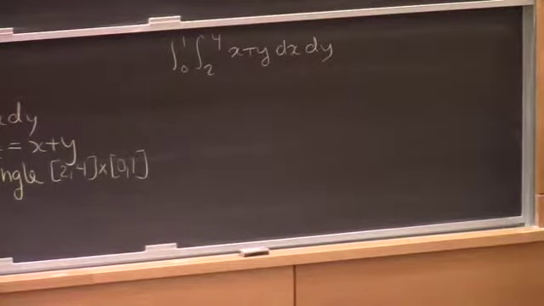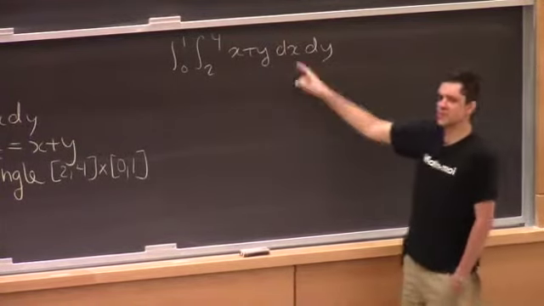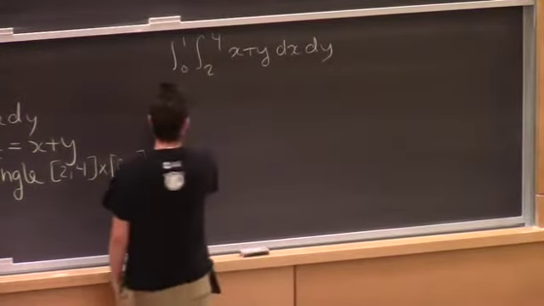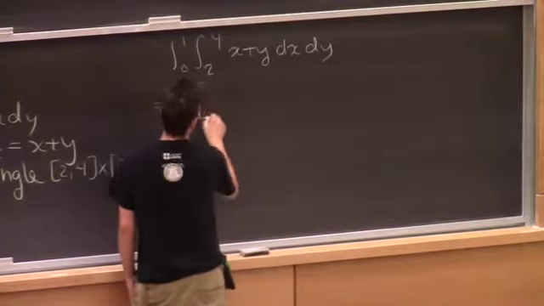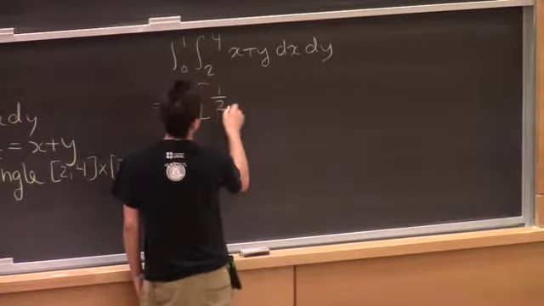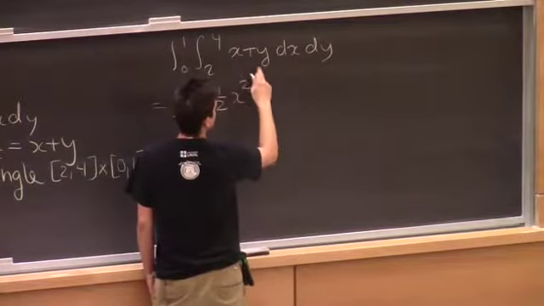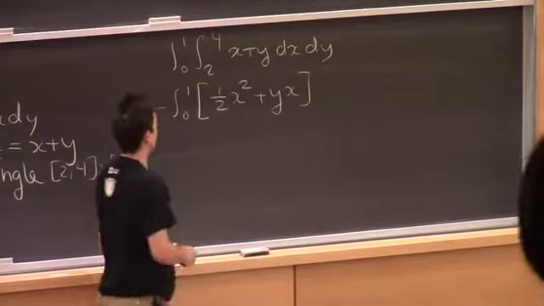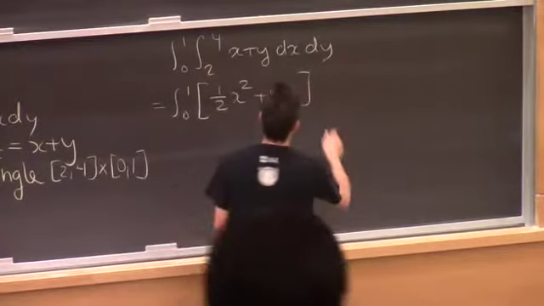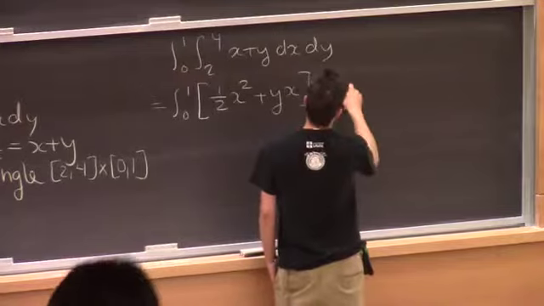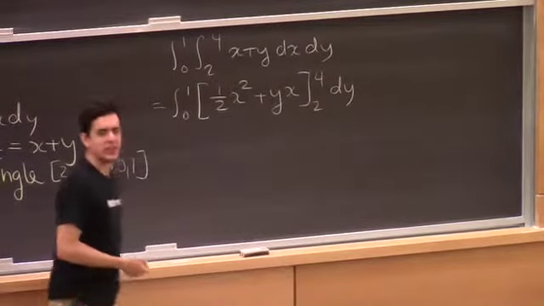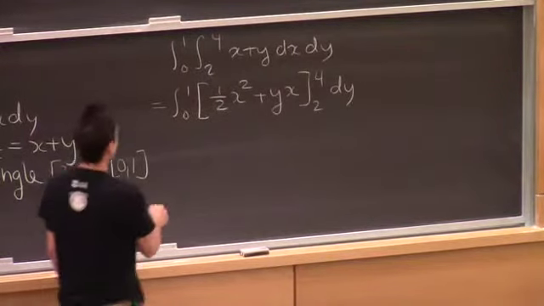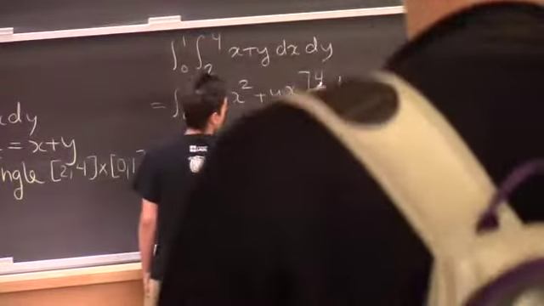Okay, so we note that the inner integral is in x, so we're going to find the antiderivative in x. So that x will turn into a half x squared. That y will turn into a y times x, and we'll go between 2 and 4. Okay, so that handles the inner integral for us. Now we apply the fundamental theorem of calculus with these bounds.